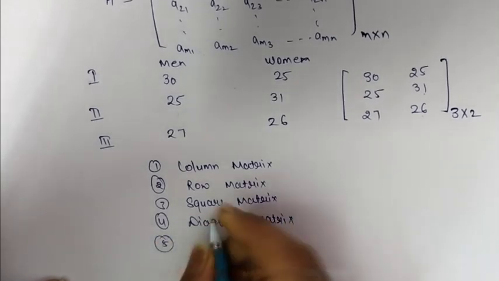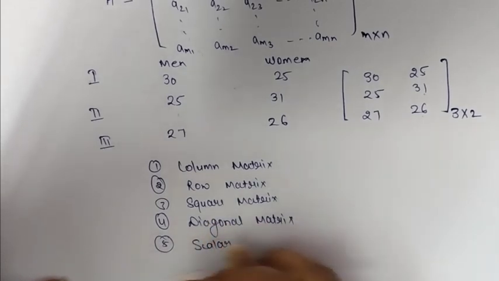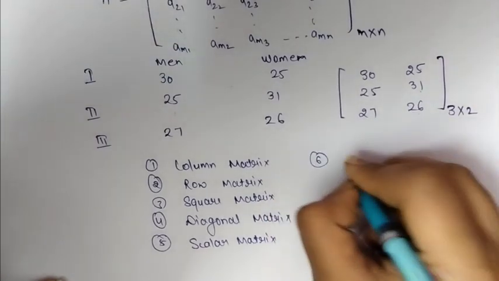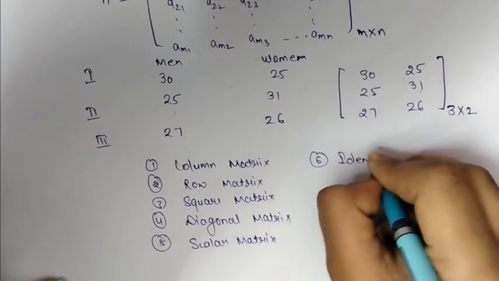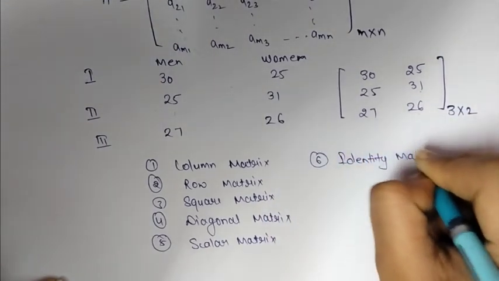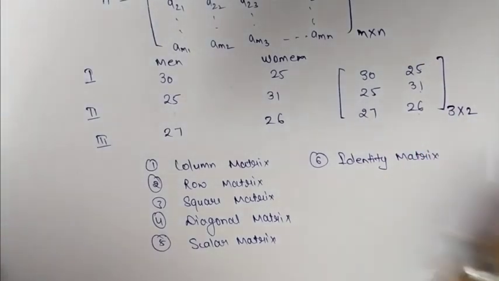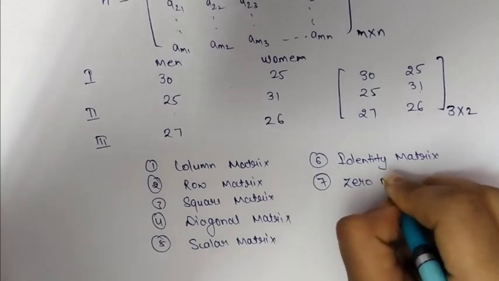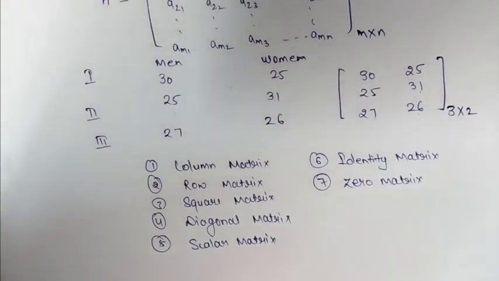Next, fifth is scalar matrix. Sixth is identity matrix. And the last one, seventh, is zero matrix. So here we have a total of 7 matrices. Now we are going to study all those matrices one by one.